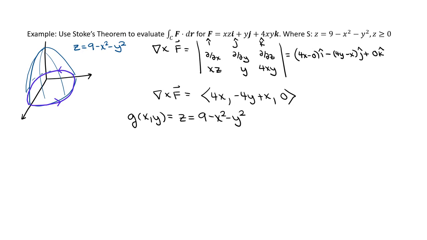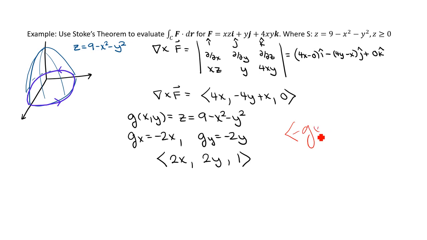All right, so we are going to be integrating our curl over the surface that was given. And the surface they gave me is z equals 9 minus x squared minus y squared. So you can think of that as my g. I'm going to find my normal vector by taking negative gx, negative gy, comma 1.